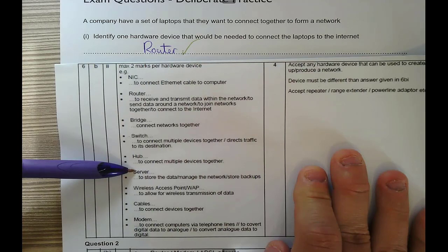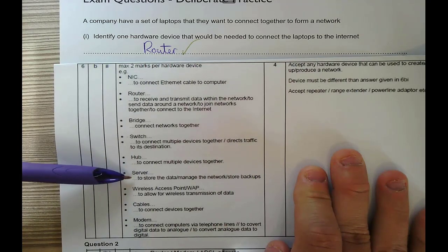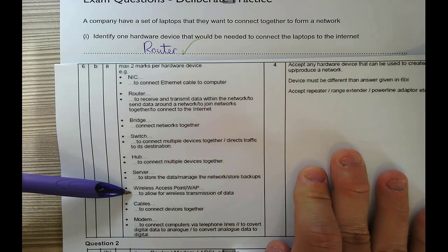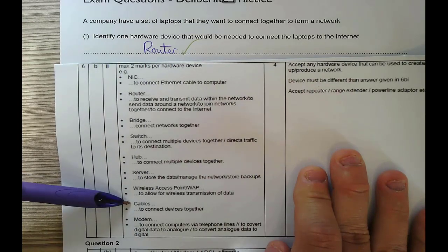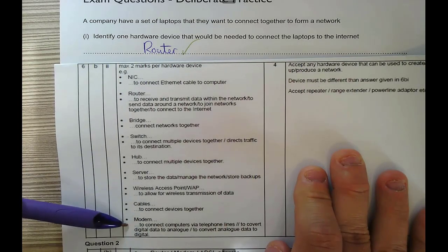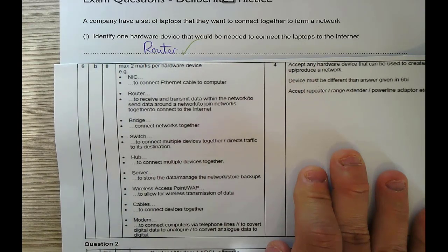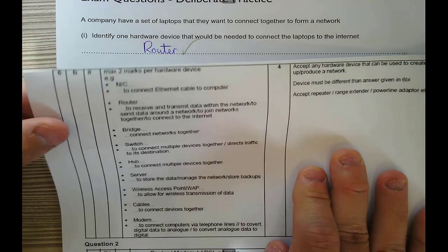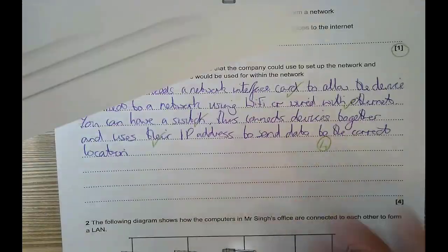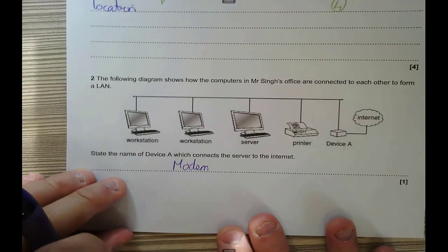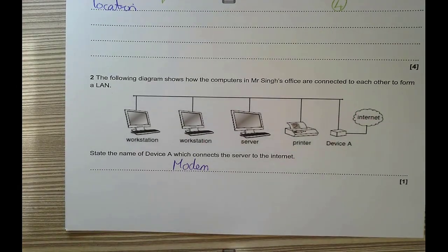You could have had a server to store or manage the network, a wireless access point to allow wireless devices to connect, cables to connect devices together, or a modem if you've not said it in the first part of the question, which is to connect computers together via telephone lines and convert digital data to analog, and vice versa.